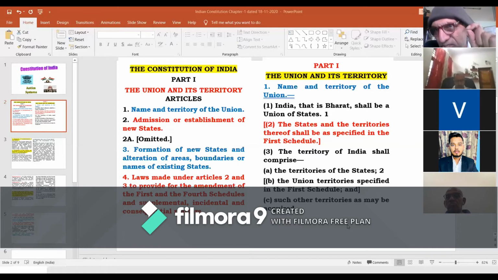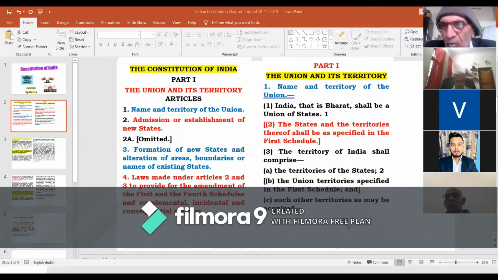Since ancient times till today, there is a continuity of values which is going to inspire us, and these values are to be imbibed by us while we frame our laws and charter our policies.